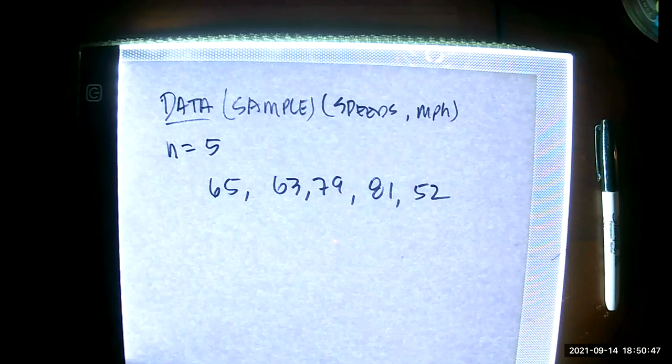Because I have a difference in my formulas between samples and populations, that denominator is fundamentally different. I really need to make sure that I know what I'm working with. I'm working with, oh dear, hold on.